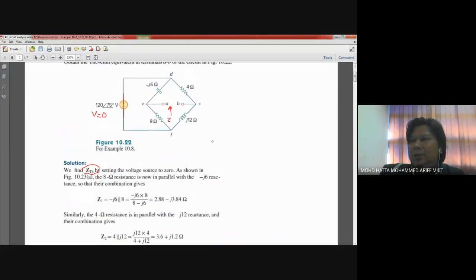So the best thing is that I always like to put it like this. This is my A and this is my B. Terminal A and terminal B. So my main objective is to find what is the Z value coming from here. So from here, at A I have, and also I have 8 ohm resistor.